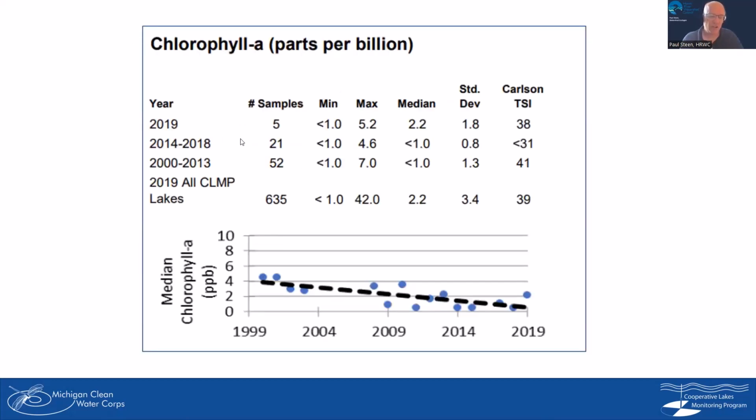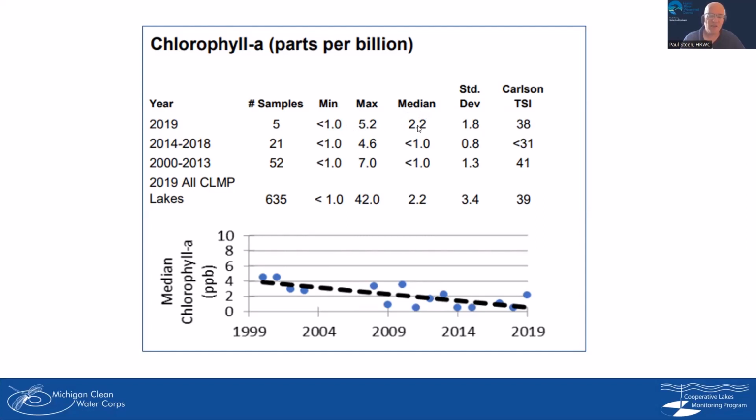If we were to zoom in on one of those boxes a little bit, this is 2019, but it will list the most current year. And chlorophyll, for example, this lake, they got all 5 of their samples done. They ranged between 1 and 5.2 parts per billion of chlorophyll in their samples.